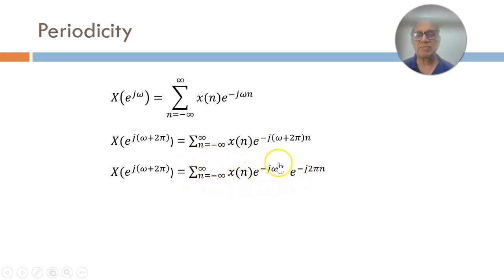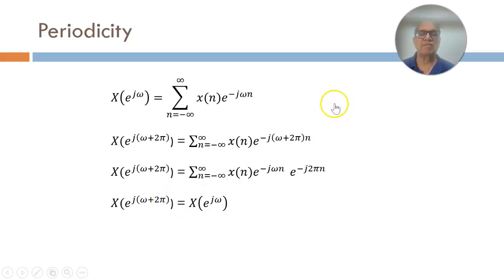Therefore, the right hand side simply reduces to this part, which is the same as the original equation for the discrete time Fourier transform. So therefore, the left hand side is equal to X(e raised to j omega), which means that the frequency spectrum is periodic with period 2 pi.